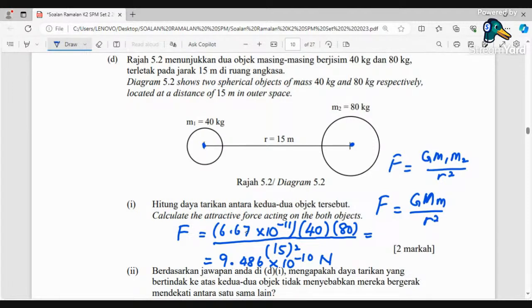Okay, so actually between the two objects there is attractive force, but because it is very weak, that's why you cannot feel the force. So attractive force, normally we can get a larger value for very large objects like Earth, Sun, and very large or distant objects in the universe.